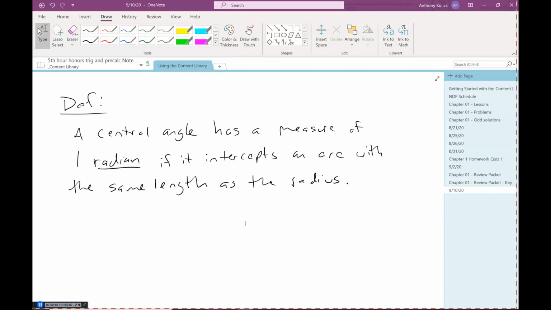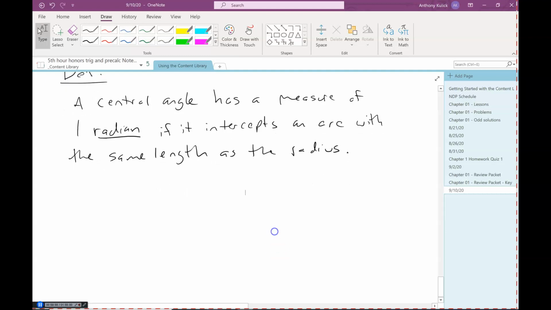So let's draw a little bit of a picture for this situation and talk about some of the other vocab nested inside of this definition that might need to be rehashed. When we say central angle, what do we really mean there? The central angle has to do with a circle. The vertex of that central angle is where in the circle, do you suppose?